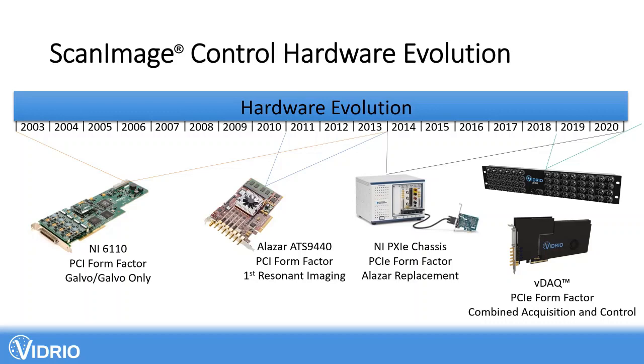And then to really make it more flexible, as we launched the initial ScanImage at Vidrio, we decided to go with this NI PXIe chassis, which has a lot of positive things. It was a PCIe form factor, and had a lot of configurable cards you can slide into the slots of the chassis. It was a good initial replacement for the Alazar cards for resonant scanning. You could get a nice FPGA for resonant scanning, for example, on one of the cards.